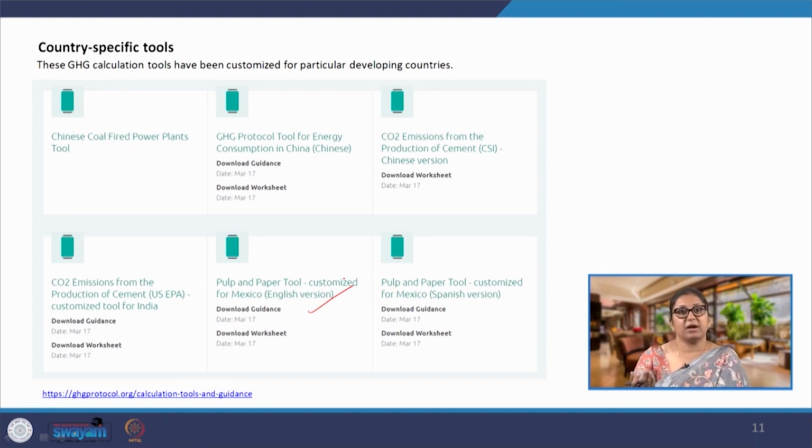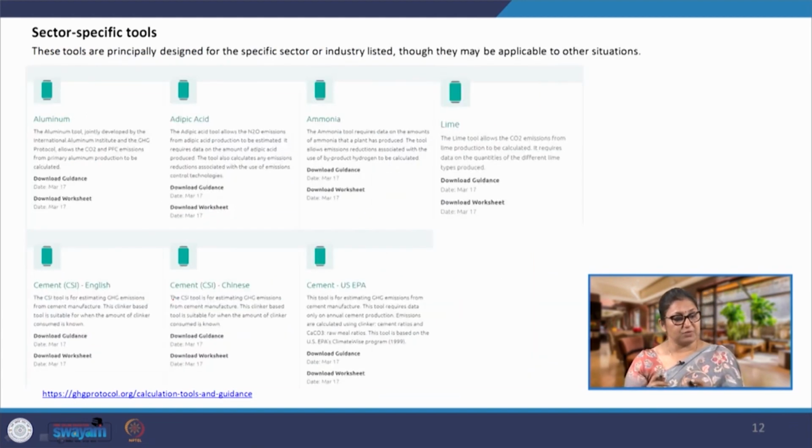For certain activity replacements, the emissions will be more or less, and that is accounted for in the specific country. So, country specific tools, and then we have sector specific tools. Sector specific tools are very obvious because there are different sets of activities altogether.